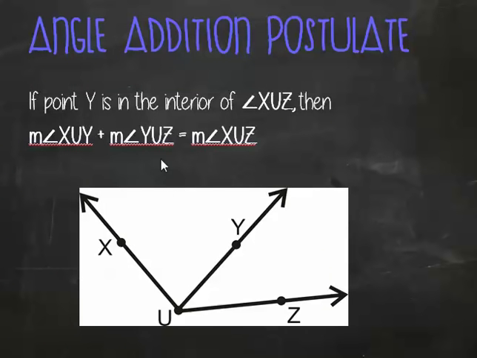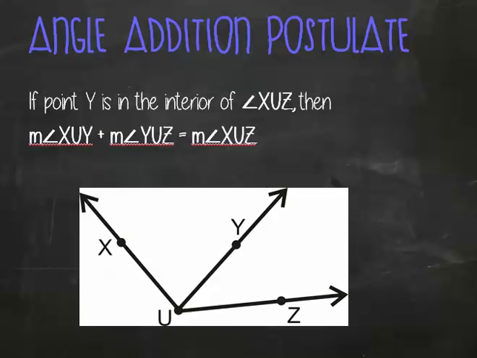If point Y is in the interior of angle XUZ, then the measure of angle XUZ plus the measure of angle YUZ equals the measure of angle XUZ.